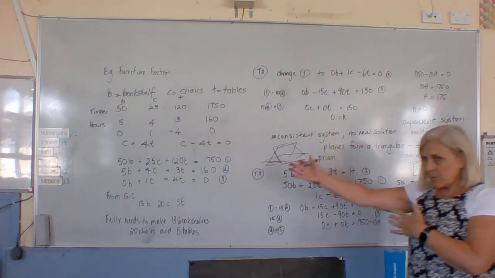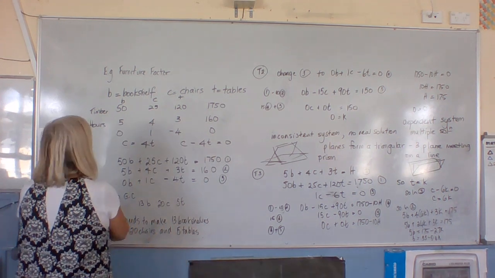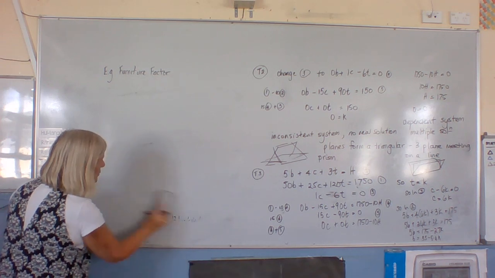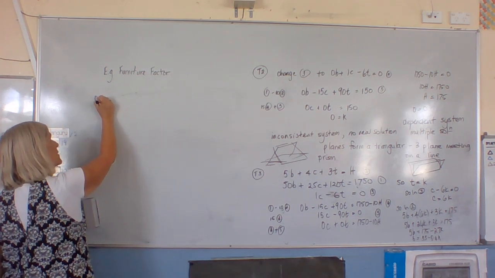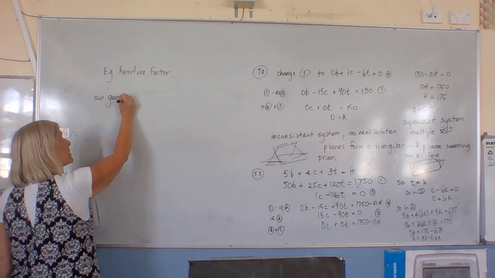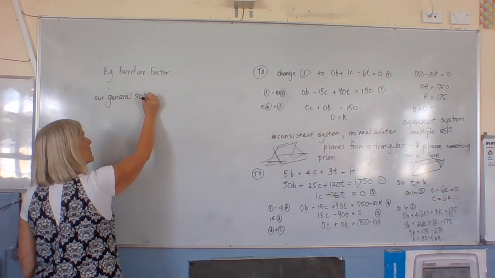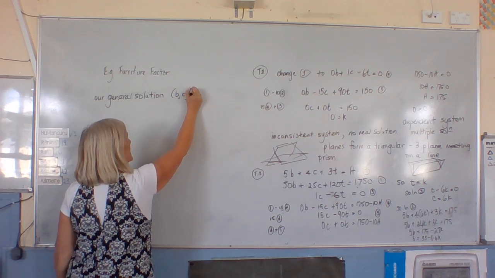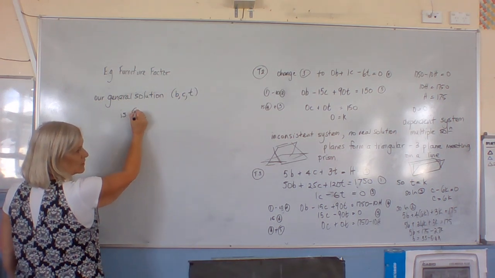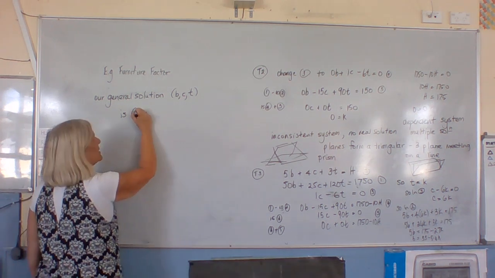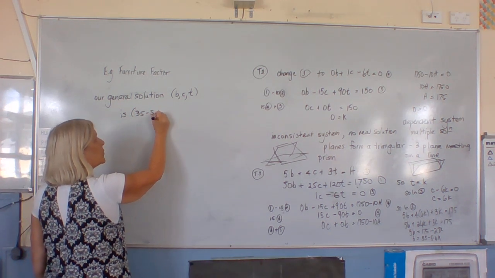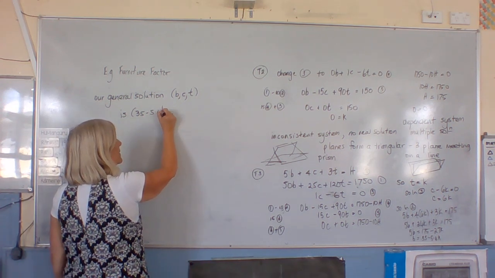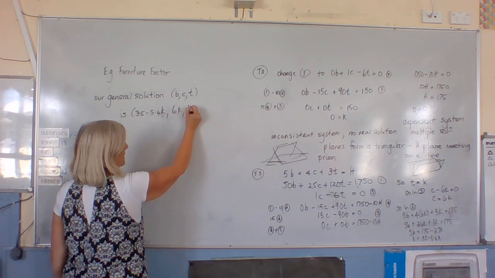So, just erase this bit over here. What does that tell us? It tells us our general solution in terms of B, C, T is 35 minus 5.4k, 6k, and k.